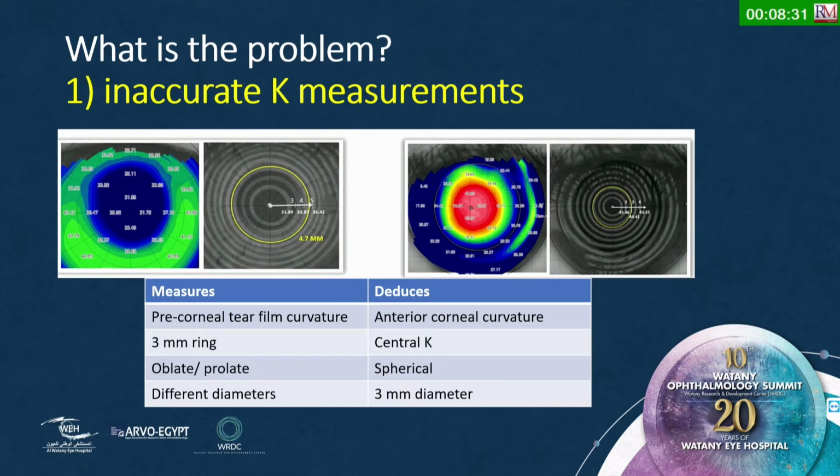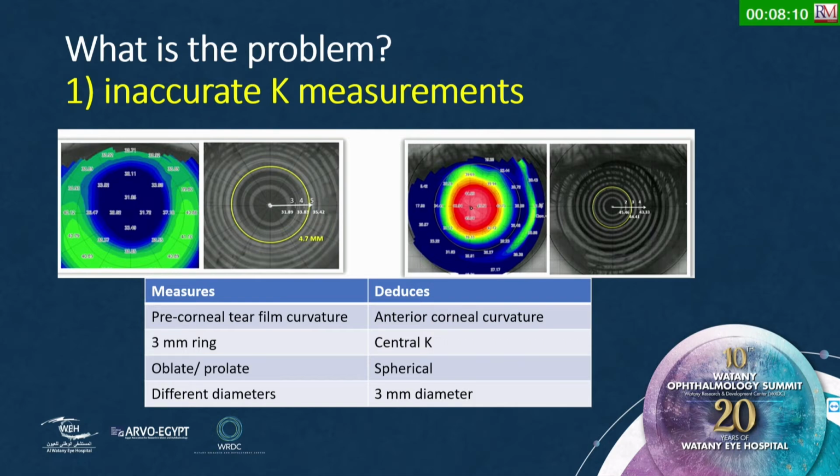The first problem is inaccurate K measurements. Here we are measuring with topography. Topography gives reflection of Placido's mires on the precorneal tear film, and we assume it gives the anterior corneal curvature. It is not accurate in dry eye.